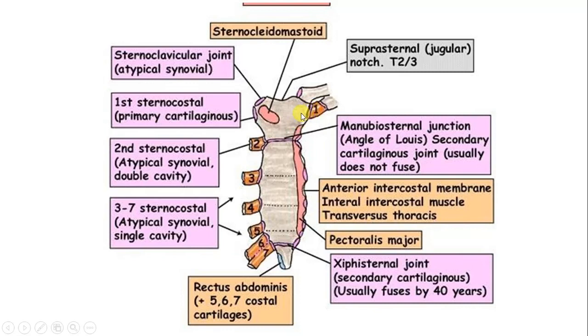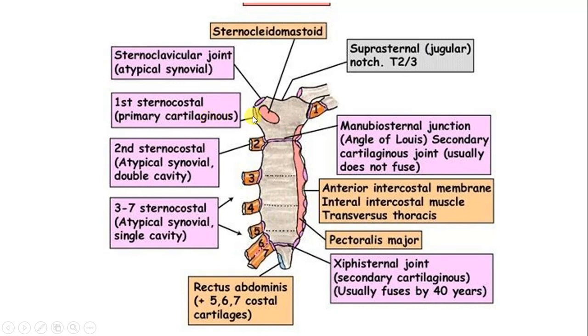That joint is synovial. The joint with the sternum is primary cartilaginous. If the sternum moves a little bit, the first rib will move with it, but the movement of the rib will occur at the costovertebral joint of the first rib, not anteriorly at the sternocostal joint.